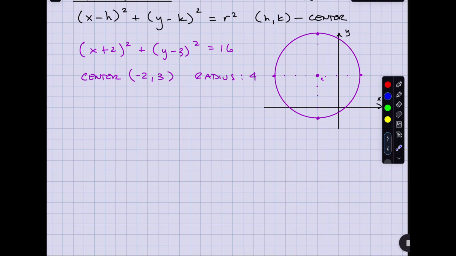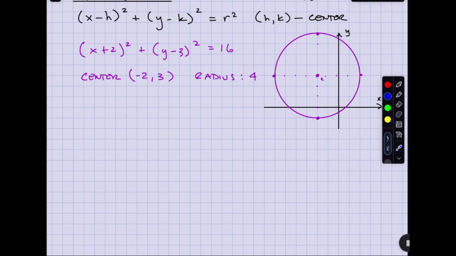X plus 2 is inside the parentheses, and the opposite of plus 2 is negative 2. Y minus 3 is inside the parentheses, and the opposite of minus 3 is positive 3. So that will help us remember that it's opposite. Make sense? And because r squared is equal to 16, we have to take the square root of both sides. That's why it's 4.